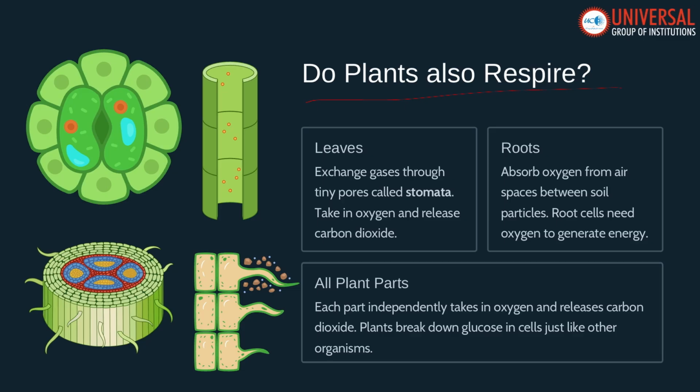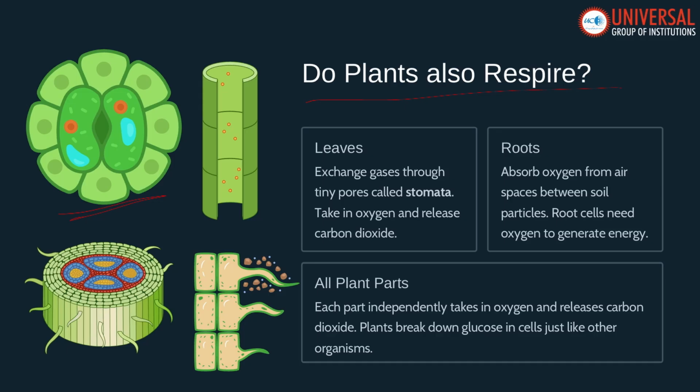So plants respire through three main parts. One is through their stomata, where leaves have tiny pores called stomata on their surface. Each stoma is surrounded by guard cells that open and close. Through stomata, the leaves take in oxygen and release carbon dioxide. Oxygen enters leaves through the stomata and diffuses into internal leaf cells, and carbon dioxide exits through the stomata only.